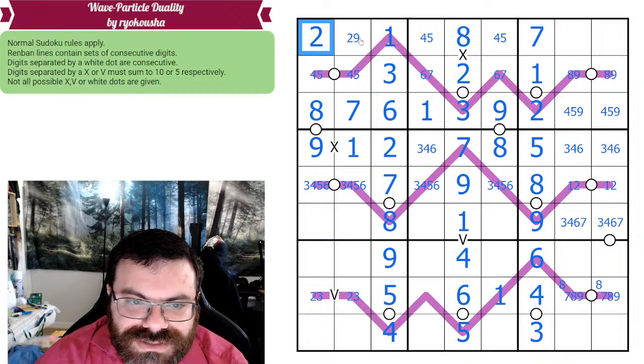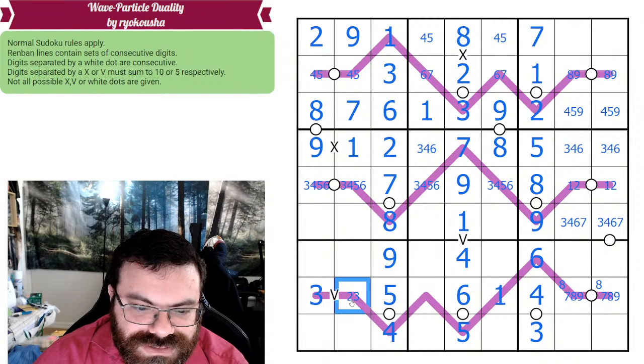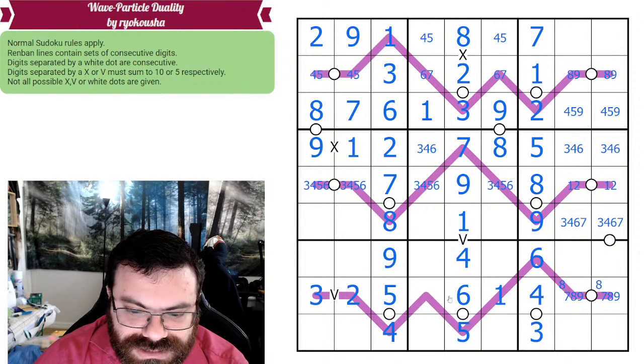The 9 does see up. That's 2 and 9. This is 3 and 2. 7, 8, and 9. I probably should have made the purple on my Renban plugin a bit lighter so you could see the blue on it better. These are just 3, 4, 5, 6.